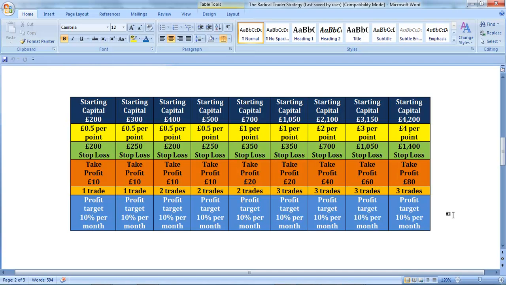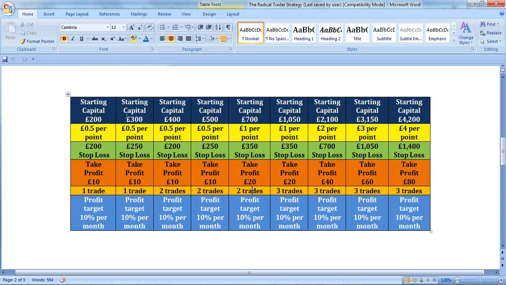This is if you are going on live and you are starting with a capital of, let's say, 200 pounds or 300 pounds or 400 pounds or 500, 700, 1,000 and above, 2,000, 3,000 and above, 4,000 and above, or even 10,000 pounds.